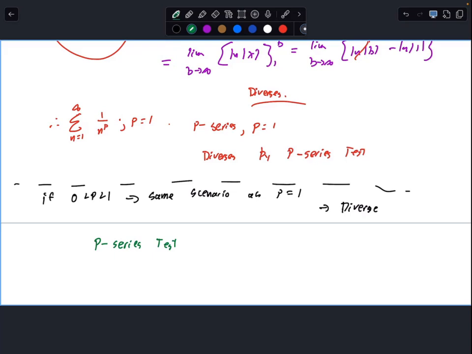It technically does not matter if we start at 1 or 2 or 3, because if the series from 1 to infinity converges, then 3 to infinity converges. It's a constant plus something that's going to converge. And the same thing if something diverges and you start at 3: it's some constants, f of 1, f of 2, plus something that diverges, which diverges.